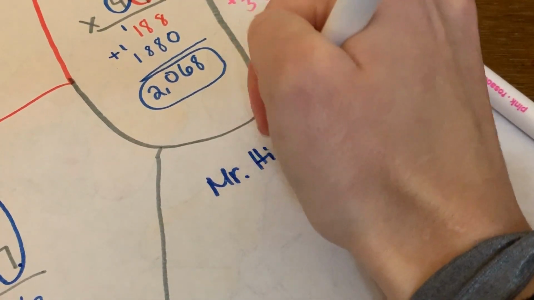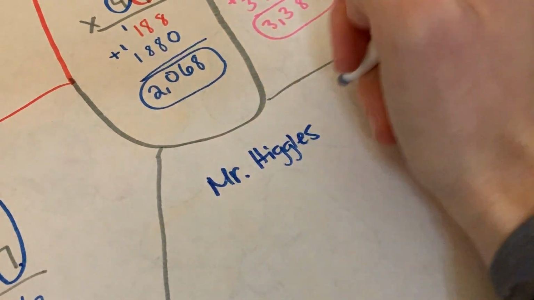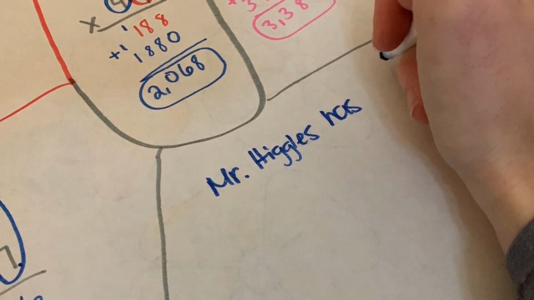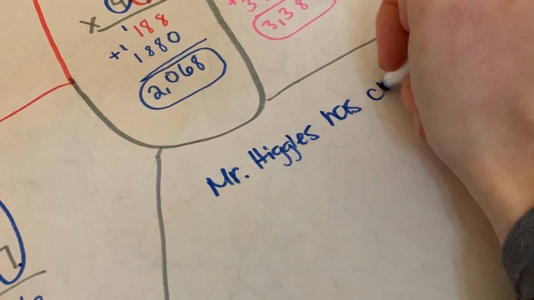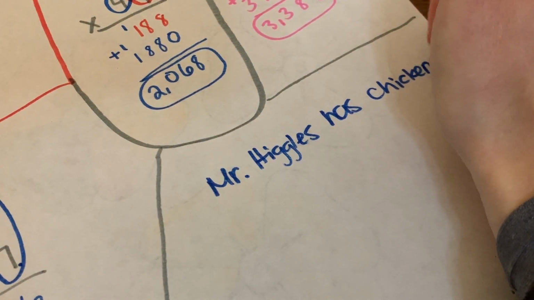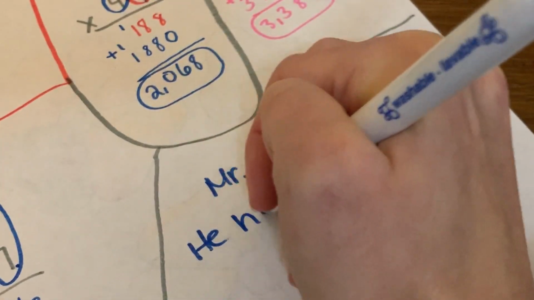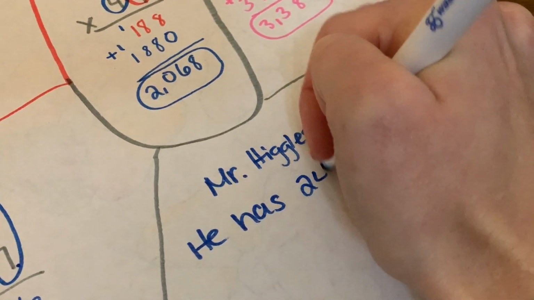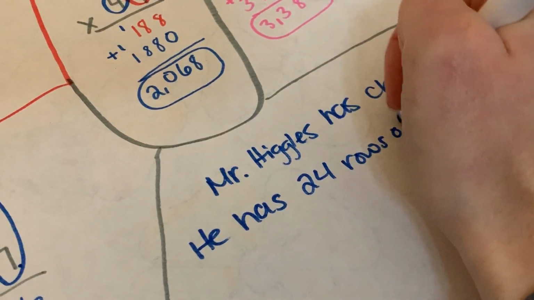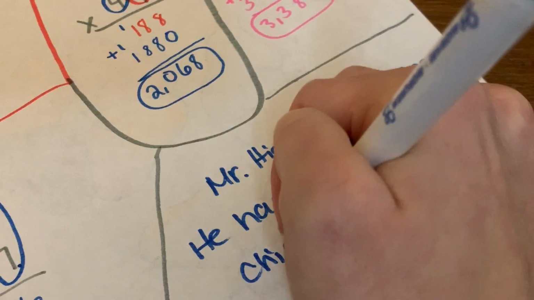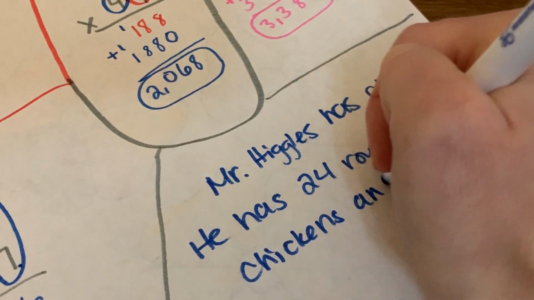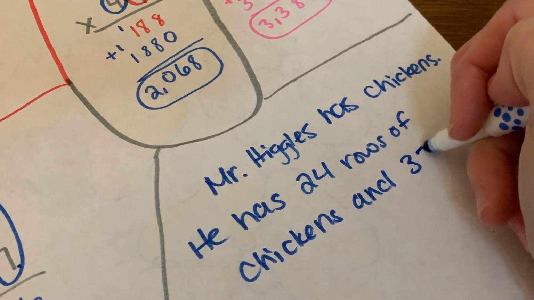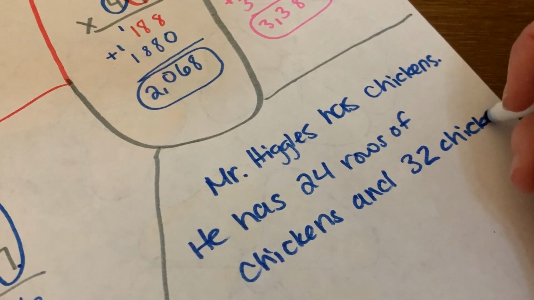Mr. Higgles has chickens. He has 24 rows of chickens and 32 chickens in each row.